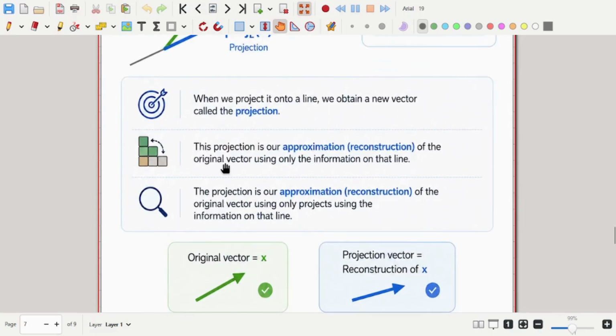The projection is our approximation or reconstruction of the original vector using only the information on that line.